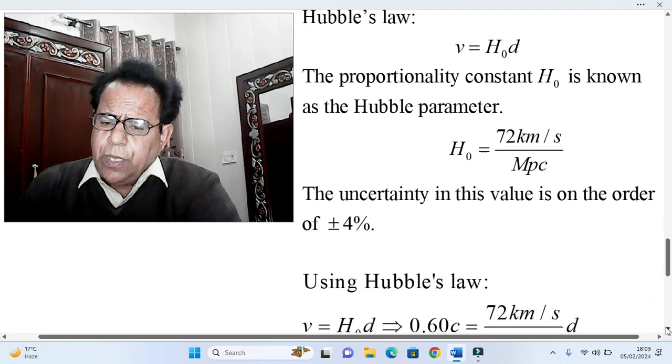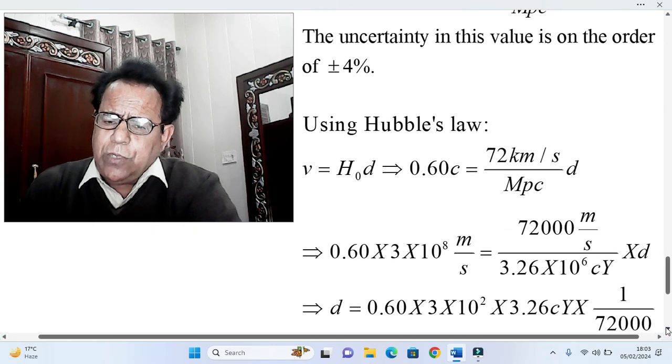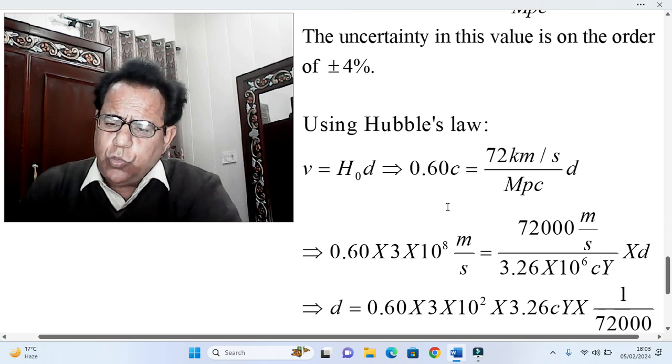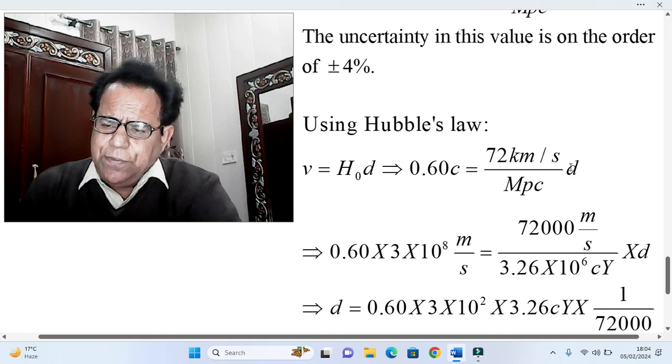Now using Hubble's law v equal to h naught d, in place of v we have used 0.60 c, which we have calculated in earlier part of this solution, is equal to h naught d, and d we have to find out.